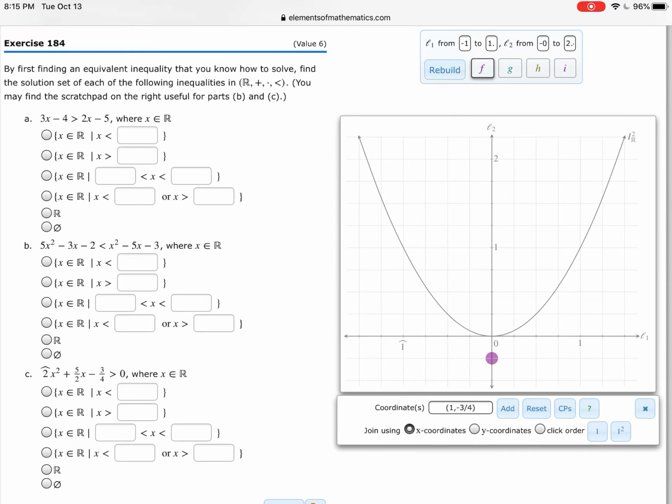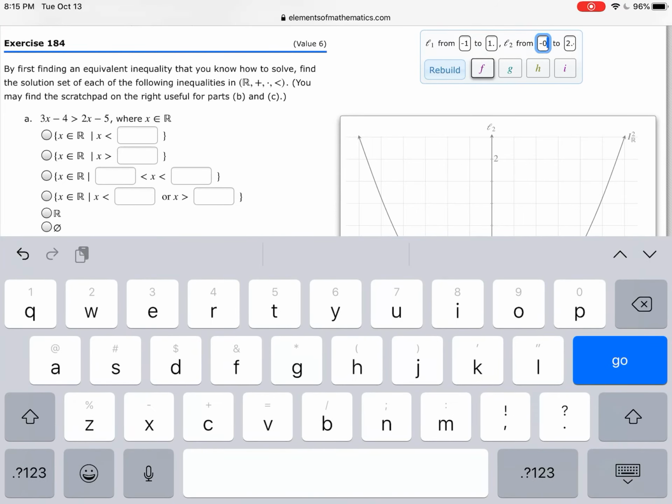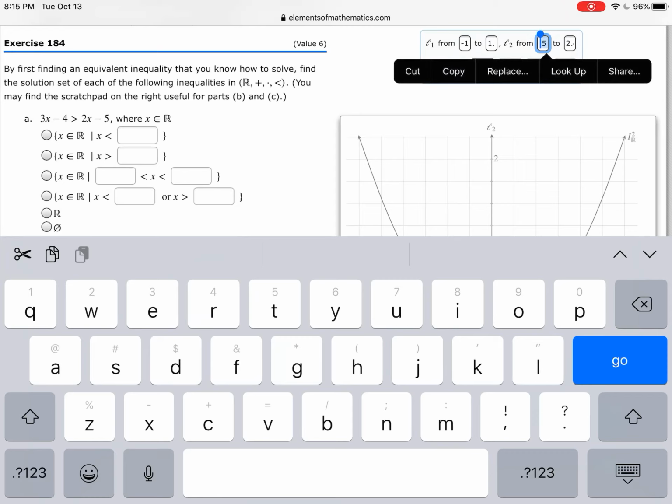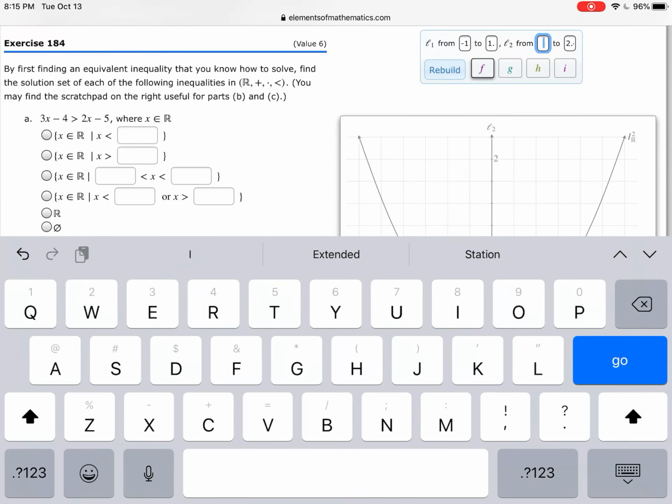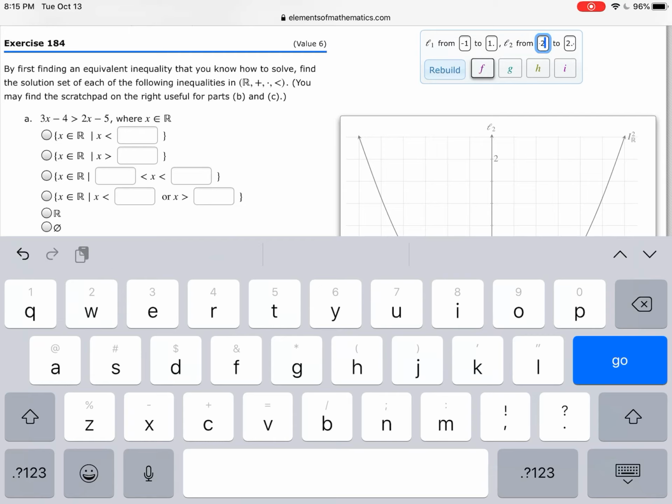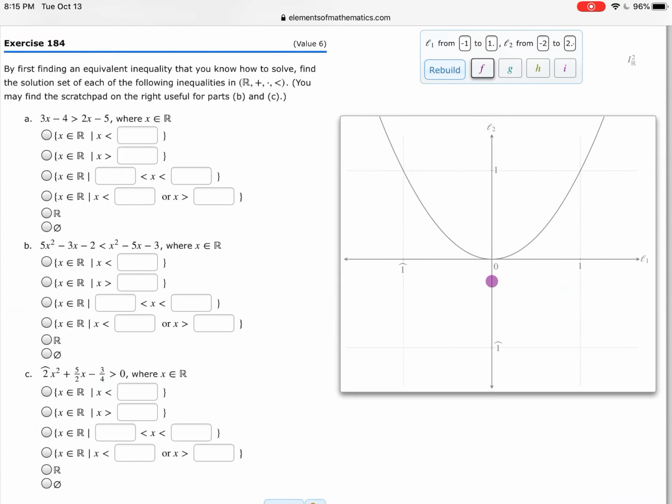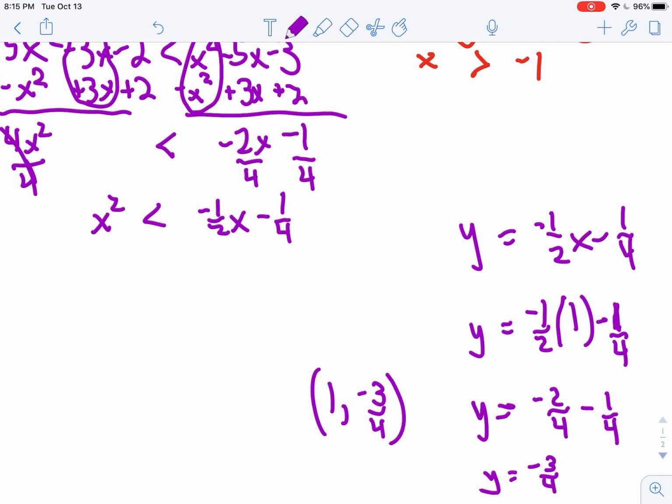Notice you have this rebuild up here. I can change these numbers in here. I'll just make this go down further. I want to stretch this graph down to -2.5, to +2.5, and now I hit the rebuild. Now I can put that ordered pair of 1, -3/4.